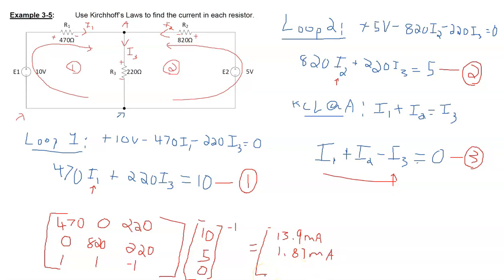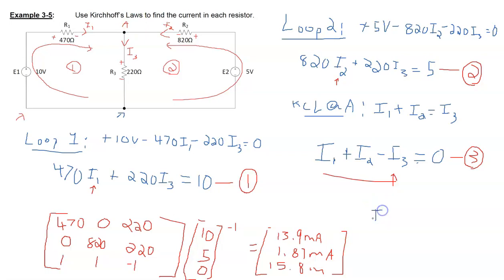And you come up with I3 at, if I round it, 15.8 milliamps. And so your substitution will yield a very similar or really an identical result.